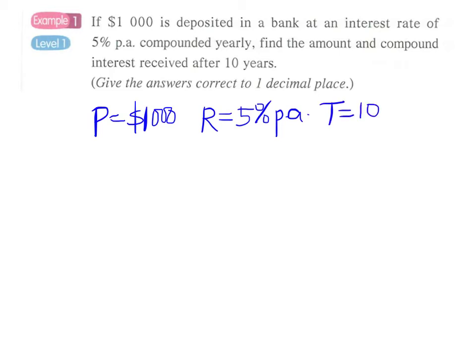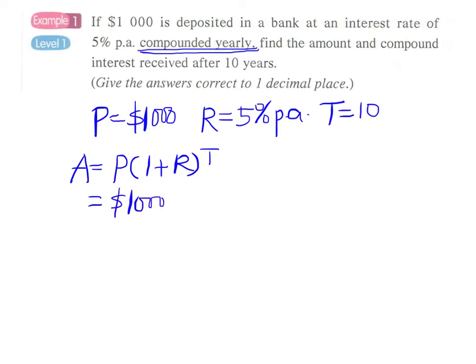Note that in compound interest, the time for calculating the compound interest is very important. So we have to highlight this part, compounded yearly. That means we have interest at the end of each year. Therefore, the amount will be equal to P times (1 plus R) to the power T. Since P is 1000, we have 1000 times (1 plus 5%) to the power 10.